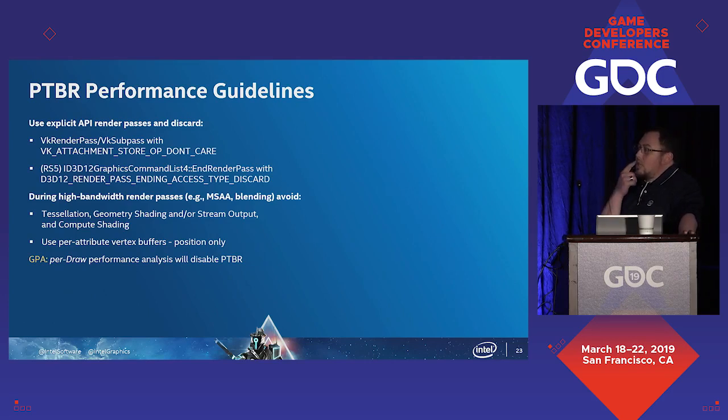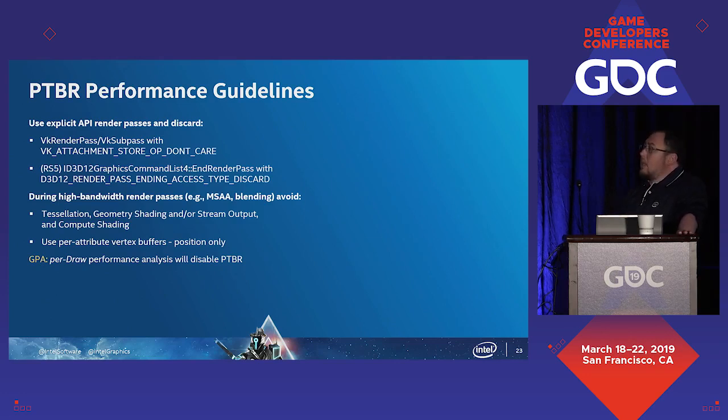In D3D12, they very recently added render passes as well. That's also key for the D3D12 driver to kick in and use this technology. If you don't use it in DX12, you're not going to get this at all. For older APIs, it's all just kind of driver magic under the hood.